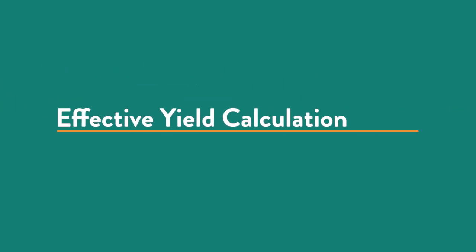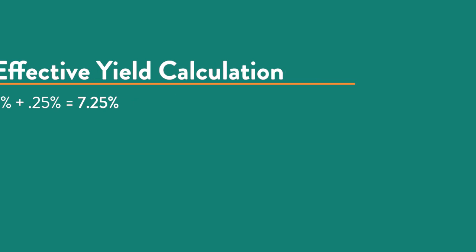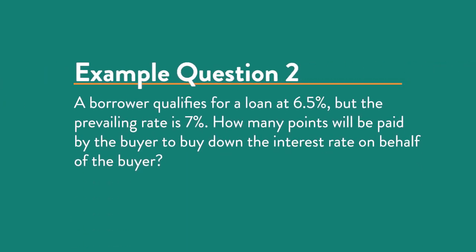So the lender's effective rate is not just 0.25. That's how much the rate changed. It's going to be 0.25 plus the initial rate in the question, which you were told was 7%. So the lender's yield in this case, or the lender's effective yield, or APR, is 7.25%.